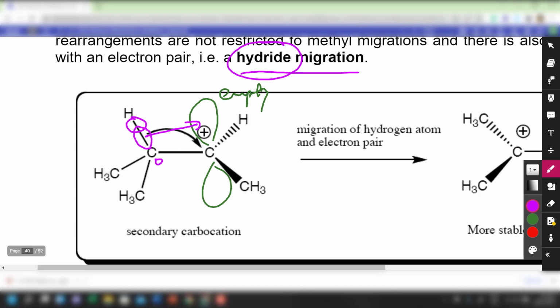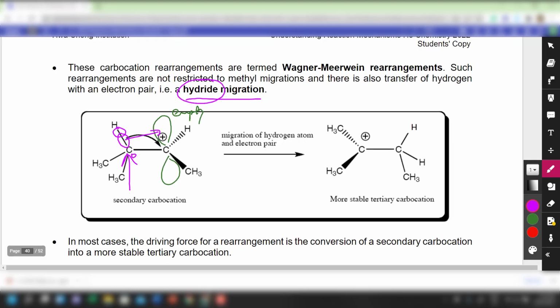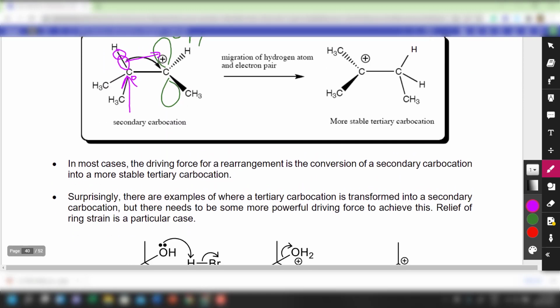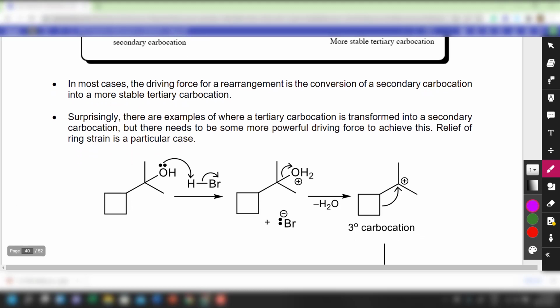In the process of shifting, the transition state is that this particular carbon has a developing positive charge, but this developing positive charge is tertiary in nature, as compared to the other positive charge, which is secondary in nature. So the positive charge at the tertiary carbocation center is more stable than a positive charge at the secondary carbocationic center. So this is the driving force for the rearrangement, secondary carbocation to a tertiary carbocation.